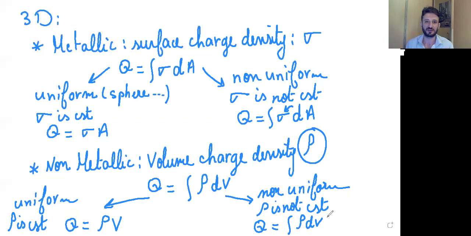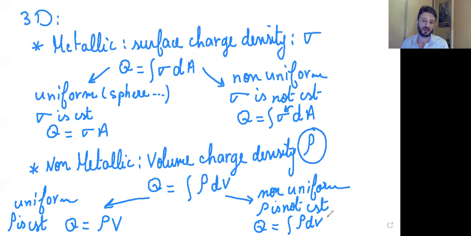Sigma will be constant. And if the object is non-symmetric, like this object, in this case we can say that sigma is not constant. In the case of a metallic object, we have to use sigma. We don't have the choice, you have to use sigma. And in the case of a non-metallic object, you have to use rho, because we have a volumic distribution.